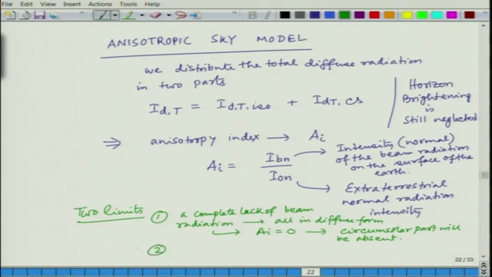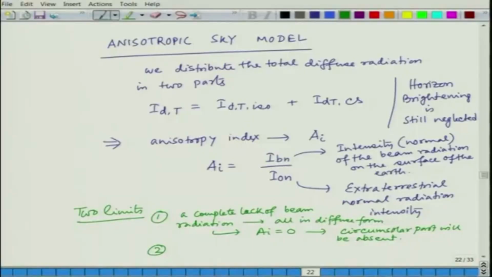And the second limit that you can see is when everything that is available is in the beam form, or beam radiation, that means a clear sky condition, right.